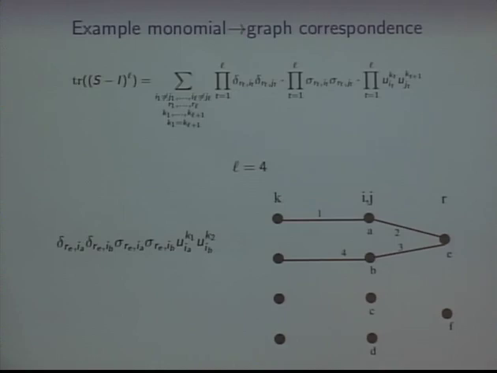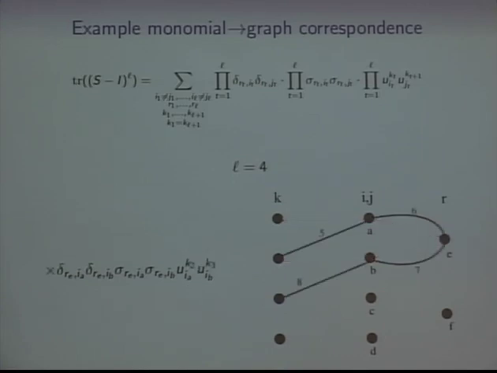So now let me just run through how this looks. We start at K1. This is how we draw the graph, going from 1 to L. We start at K1, we go to I1, we go to R1, we go to J1, and then we go to K2. Now we move on to the next case, where t is 2. We start at K2.